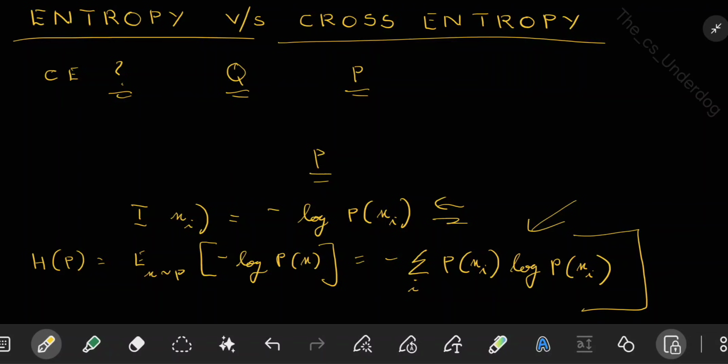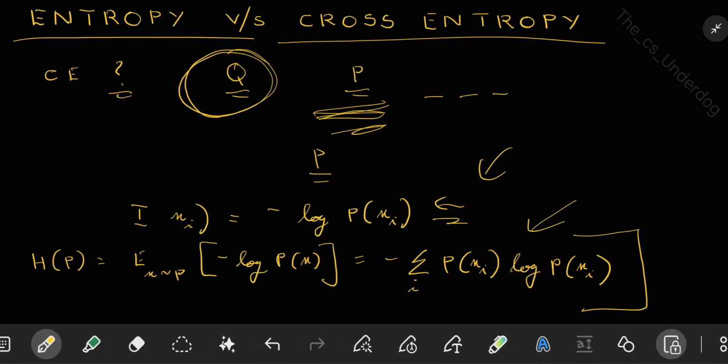Or if I explain in terms of the bits that we saw entropy in, then this will be the number of bits that are needed to identify an event from a set of possibilities if the coding scheme is made for, this is the most important part, distribution Q, but my true distribution is P. In normal entropy, coding is also for P, true distribution is also P. Then what is the average number of bits required?